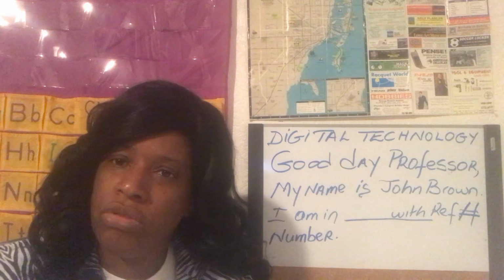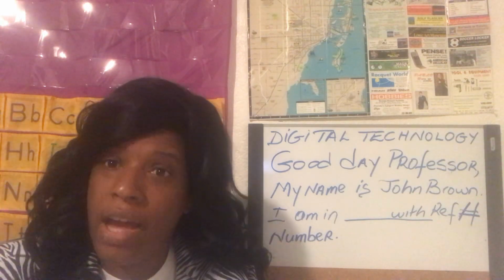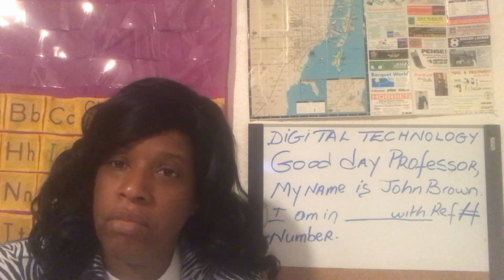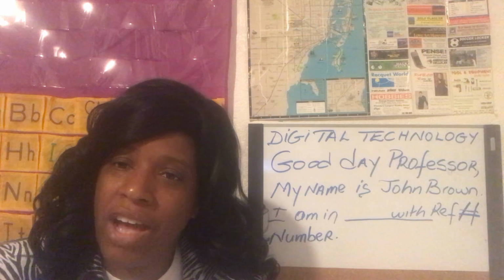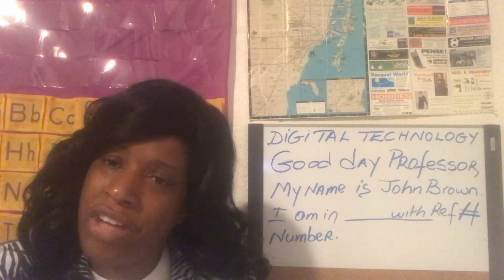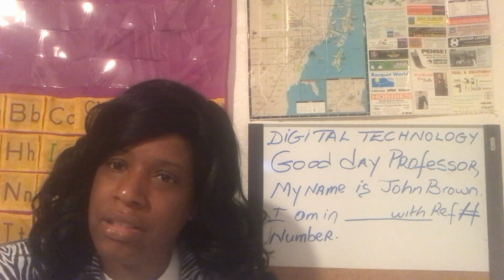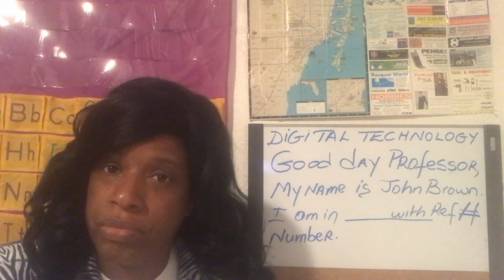I tell my students, do you know how many John Browns are there in the world? Like, I said, yes, but I need to know which class you're in, because I could have a John Brown in my morning class, I could have one in my night class, I could have one in my class in different places. So I need to know which John Brown, right?